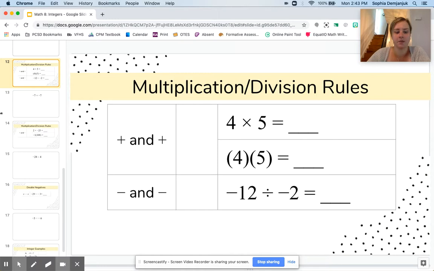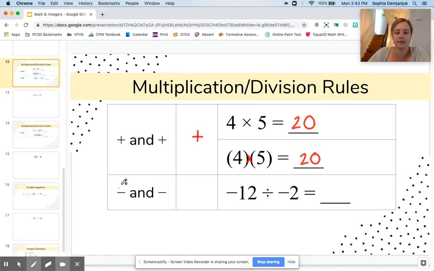And then on to our next rule, which is when we're using multiplication and division with integers. If you have a positive and a positive, it's going to stay positive. Like if you're doing 4 times 5, you'll get 20. And this next piece is just to show you that if you have two numbers that are in parentheses with no sign in between, you're going to be multiplying still to get 20.